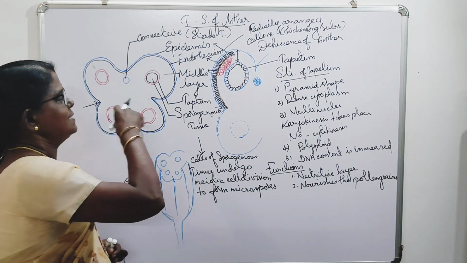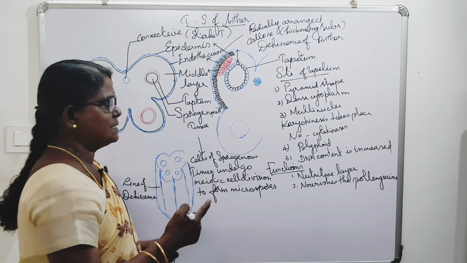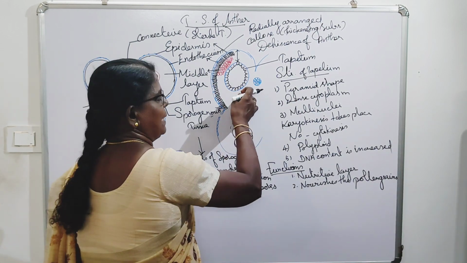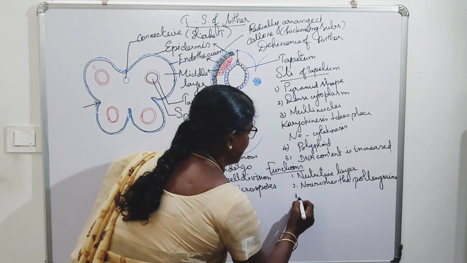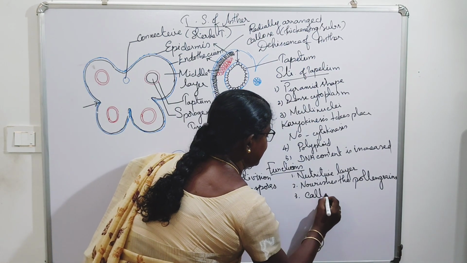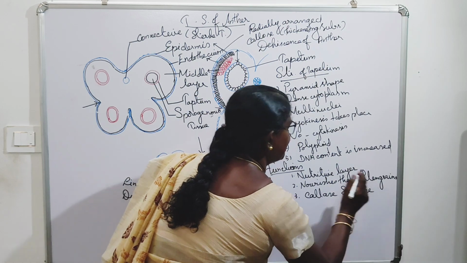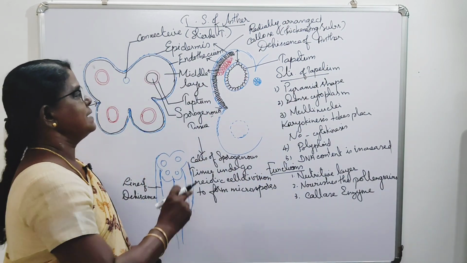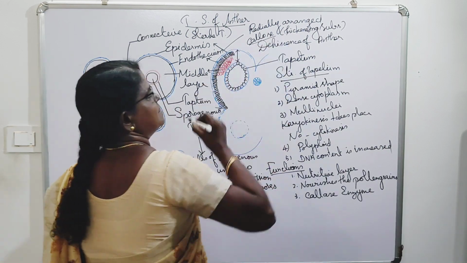When this anther becomes mature, the tapetal layer secretes an enzyme, that is callase enzyme. This callase enzyme dissolves the callose substance.